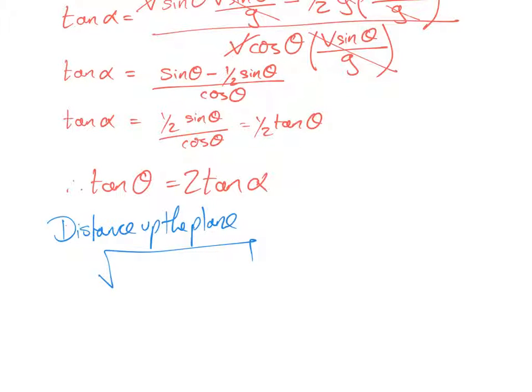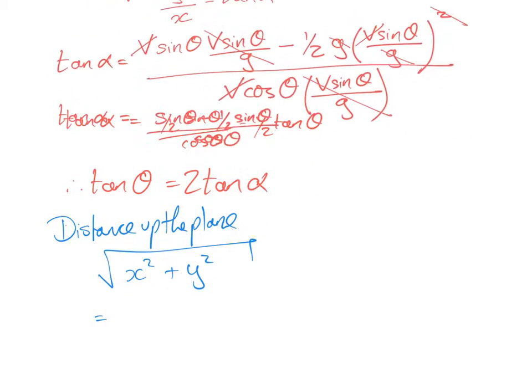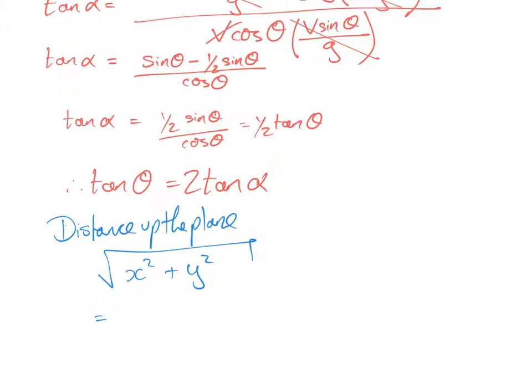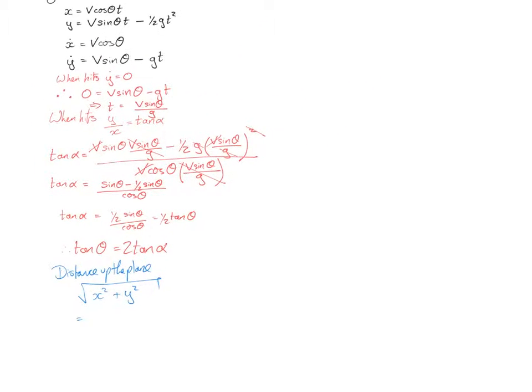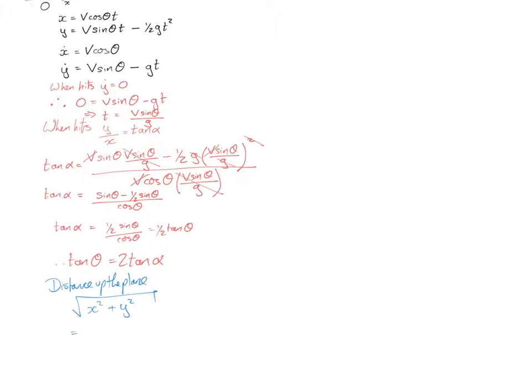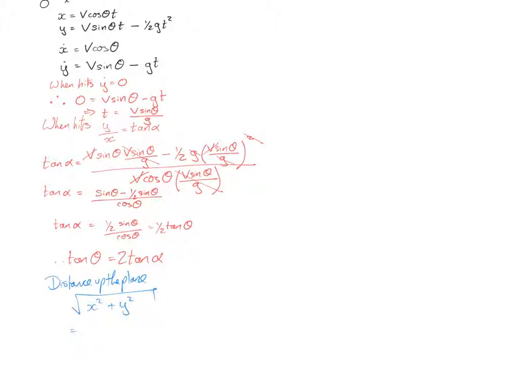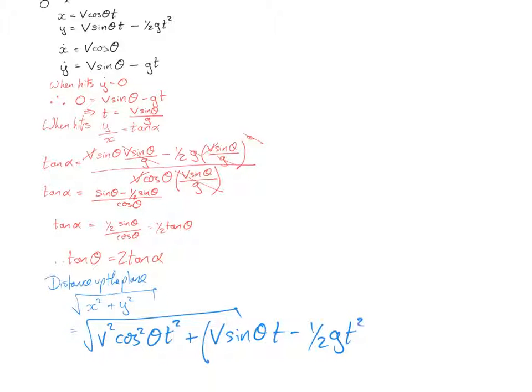is the square root of x squared plus y squared, which equals the square root of v squared cos squared theta t squared plus, and this is the horrible bit, v sine theta t minus half g t squared.